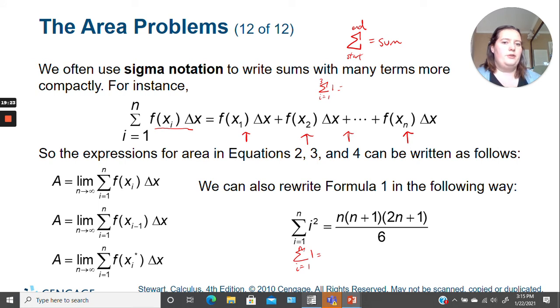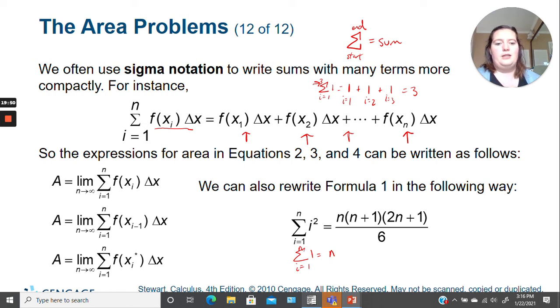This says I'm going to start with i equals 1 and add up 1. Then I'll move to i equals 2 and add up 1 again. Then I'll move to i equals 3, and I'll add up 1 again. And now I stop, because this top number was 3, which told me to stop. So I add that up, and I just get 3. So if you're looking for the sum from i equals 1 to n of just 1, that value is n.